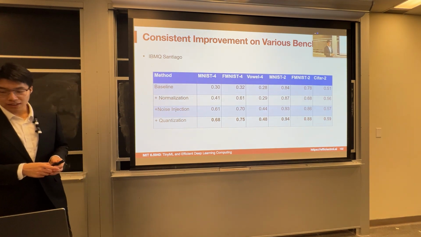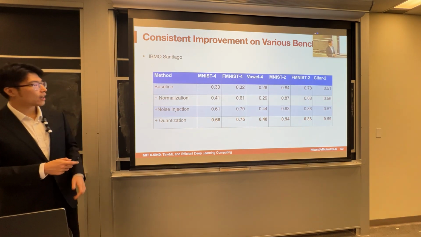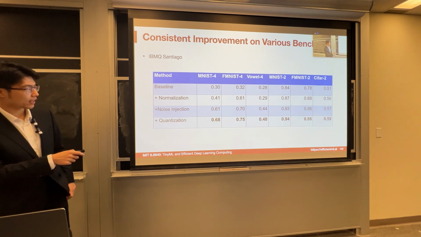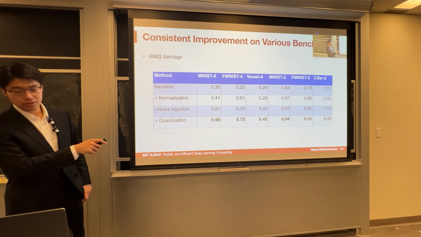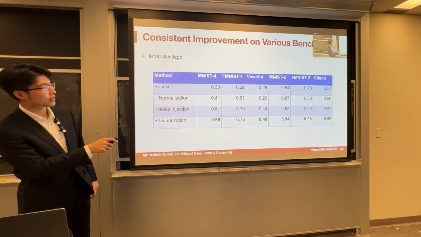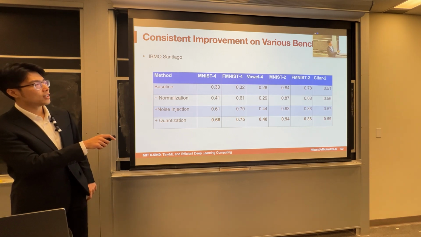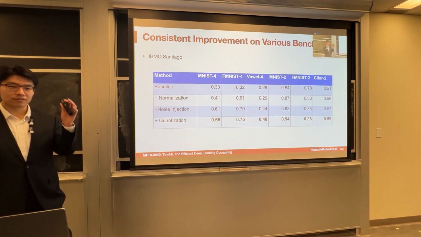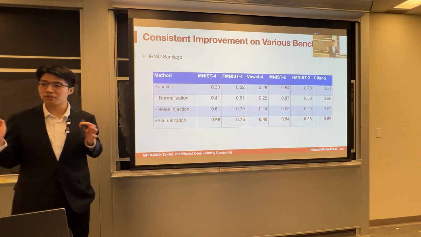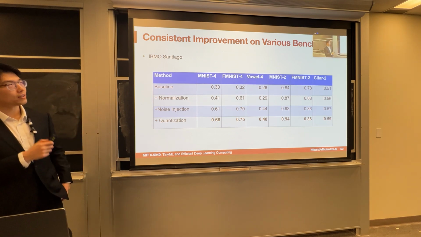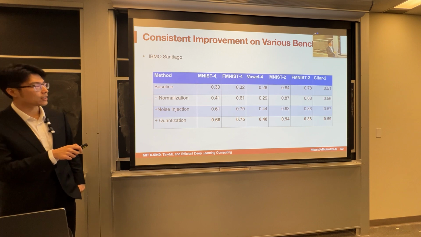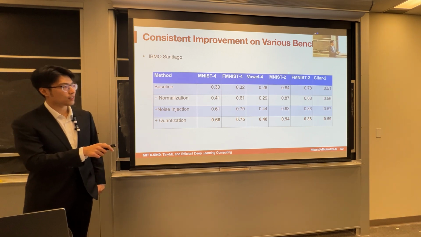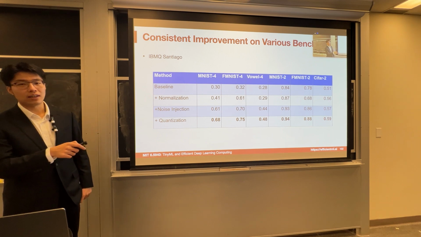Okay, so now we can have a look at the performance using this noise mitigation technique. The evaluation framework we are using is MNIST for classification, and also FMNIST, which means fashion MNIST, with shoes and clothes, a little bit more complex than the handwritten digits. We also have the vowel classification, MNIST2, and CIFAR classification.